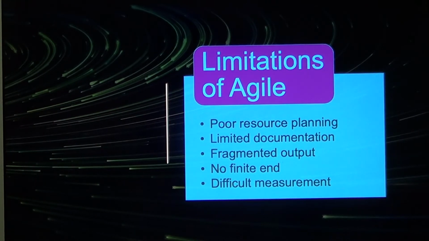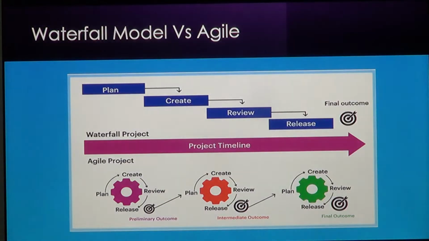So that is why it is called no finite end. The other one is difficult to measure. Since Agile delivers on an incremental basis, tracking progress requires you to look across the cycle. That long game makes measuring progress difficult. So these are the limitations of Agile methodologies.